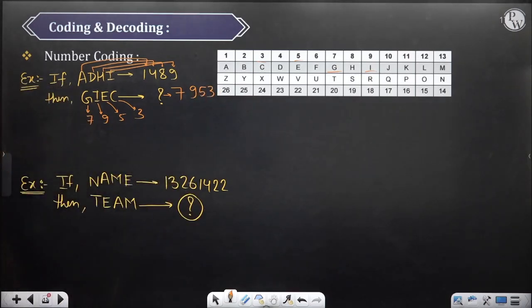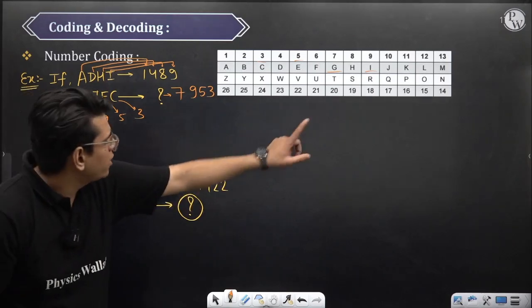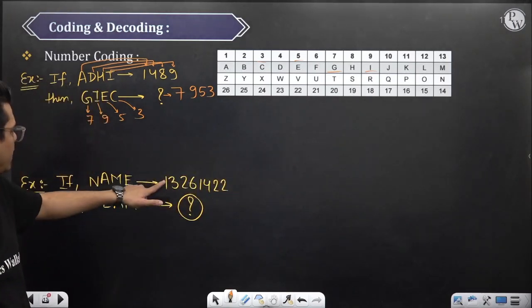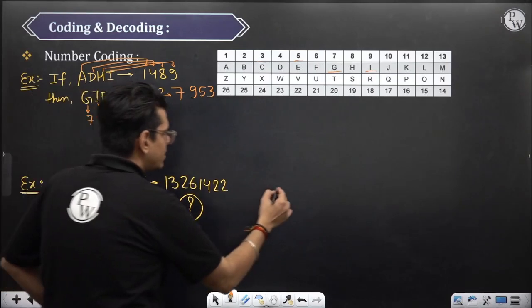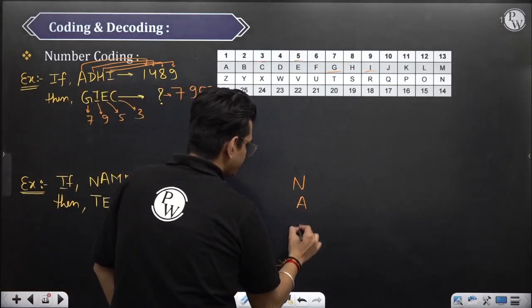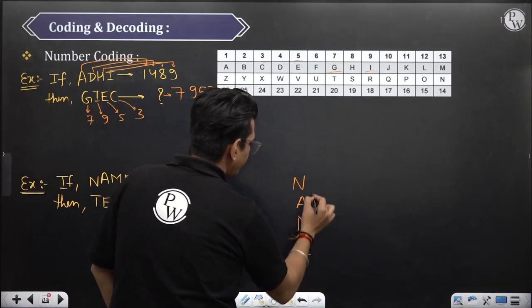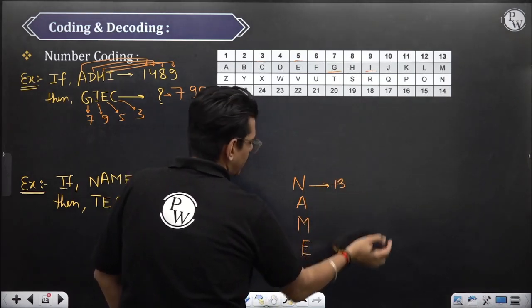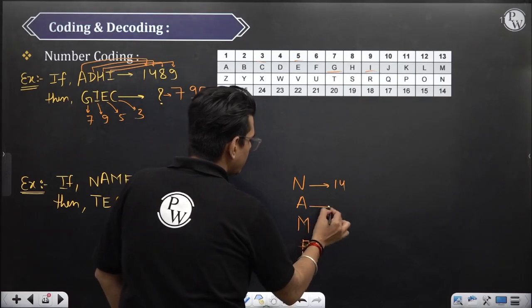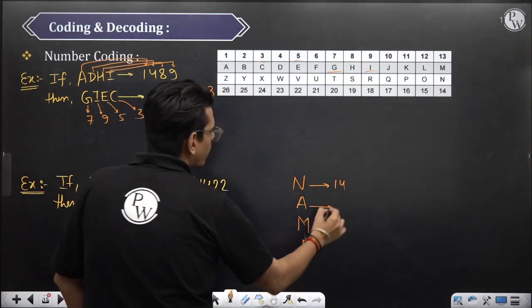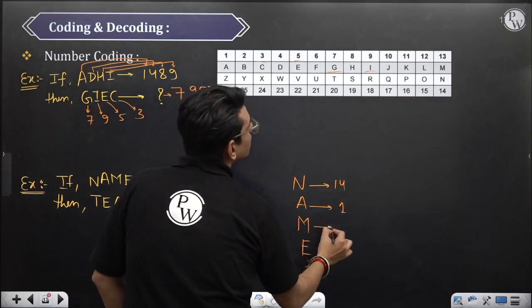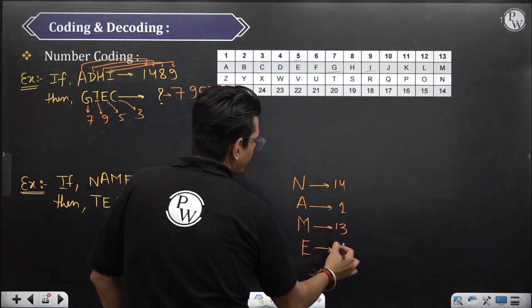Now, here I don't see the same pattern, right? N is 14, but I am getting 13 here. So first let's see the positional value of NAME. N is 14, A is 1, M is 13 and E is 5.